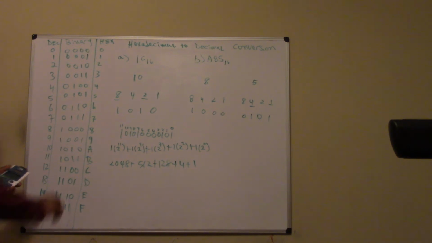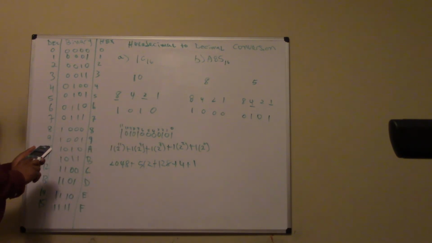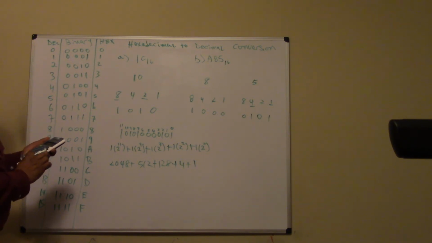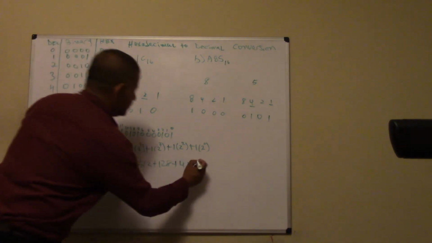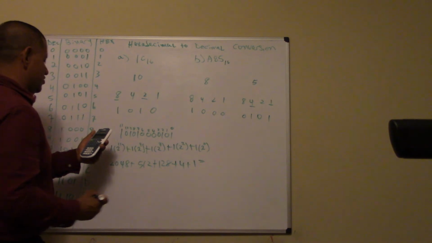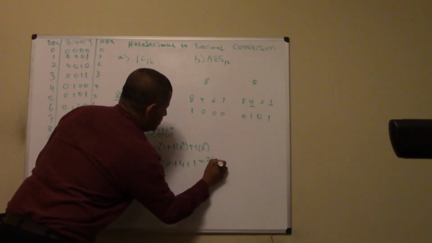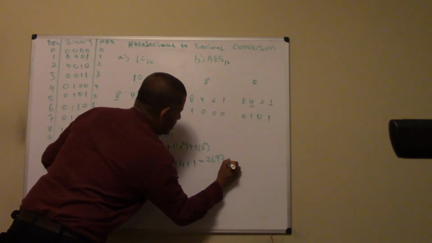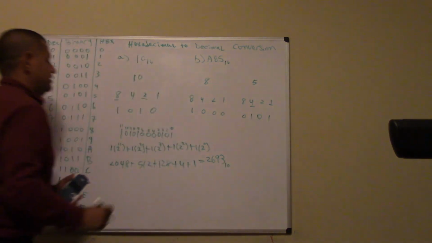Okay, so now when I add those numbers, I get what? I get 2048 plus 512 plus 128 plus 4 plus 1, and is equal to 2693 base 10, right?